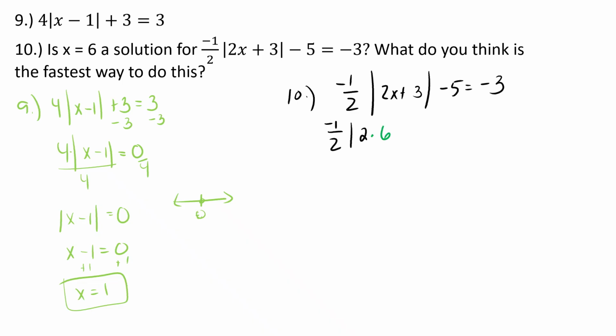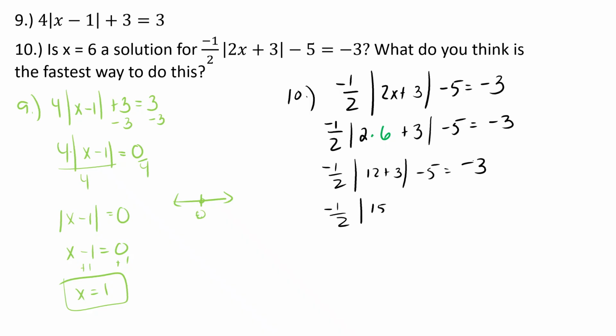So we're going to plug in 6 right there for the x, and then just use our order of operations. So in my grouping symbol, 2 times 6 is 12, and then 12 plus 3 is 15. The absolute value of 15 is 15. And here's where you can maybe see what is happening.